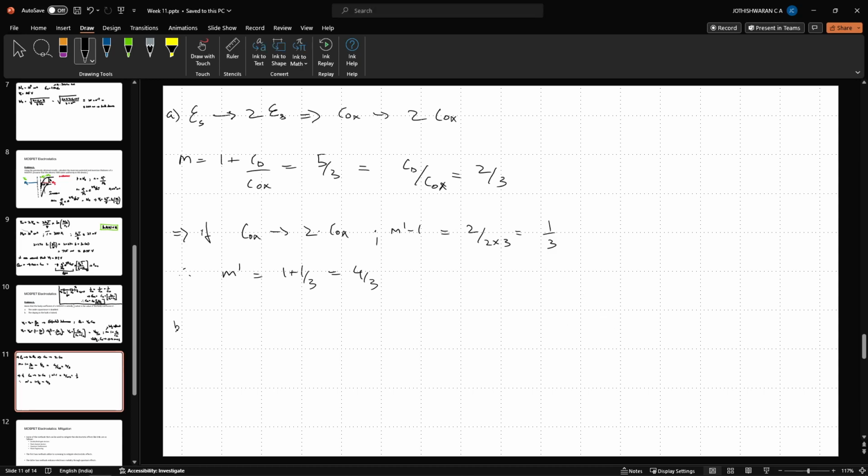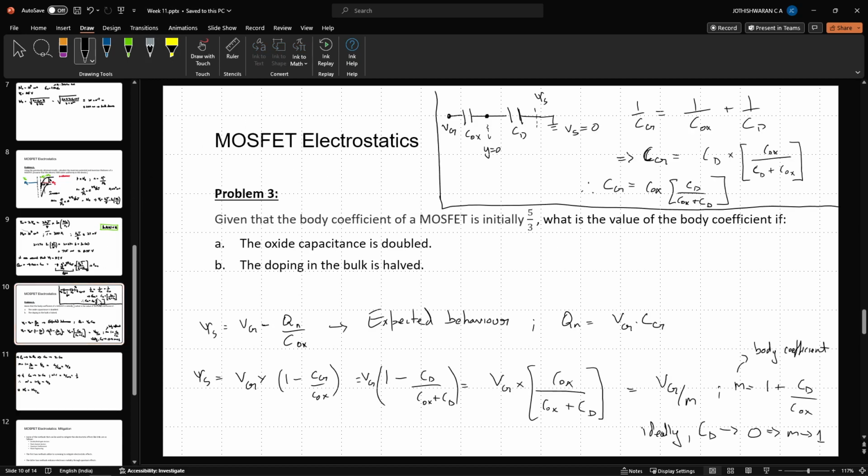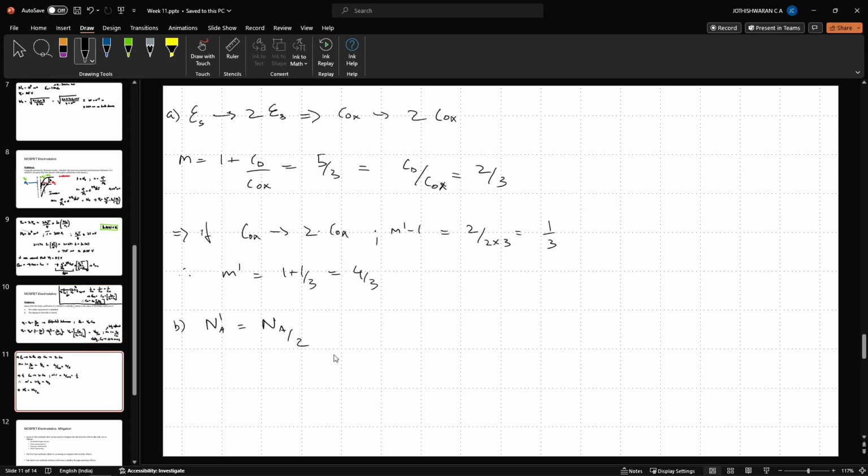Now case B. We are saying Na prime is equal to Na by 2. So the acceptor doping is halved. Now, what impact will this have on the device? The impact is actually quite straightforward.